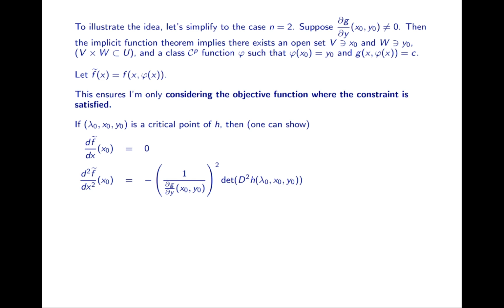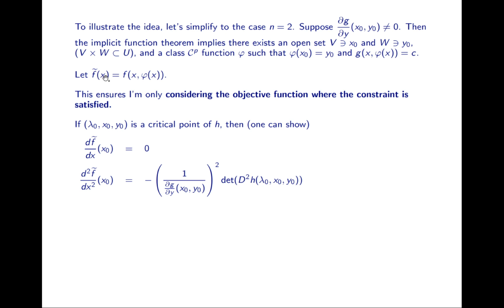Now, one can show that if (lambda naught, x naught, y naught) is a critical point of h, then the derivative of f tilde at x naught is 0. So I have first order optimality conditions for f tilde.